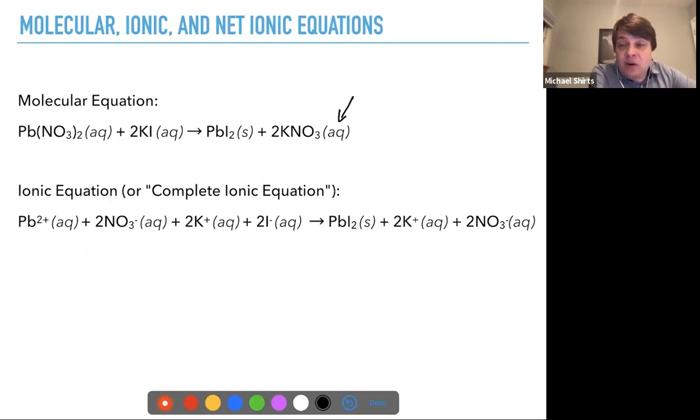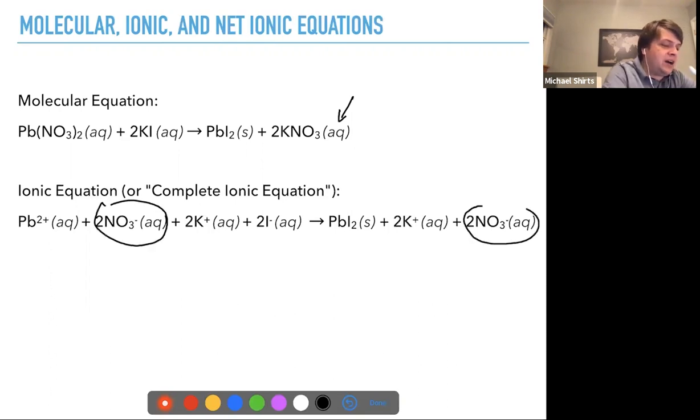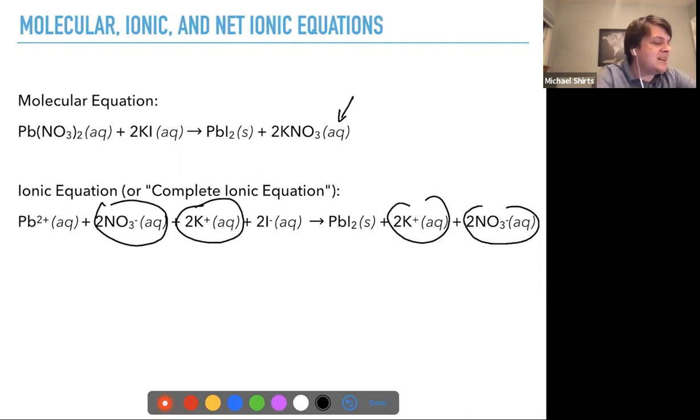Now, we've got a chemical reaction here, but we have some things that are on both sides of the chemical reaction. The nitrate is on both sides, the potassium is on both sides. So even though we originally put in lead nitrate and potassium iodide, and we have a product that's potassium nitrate, that's hiding what's going on.